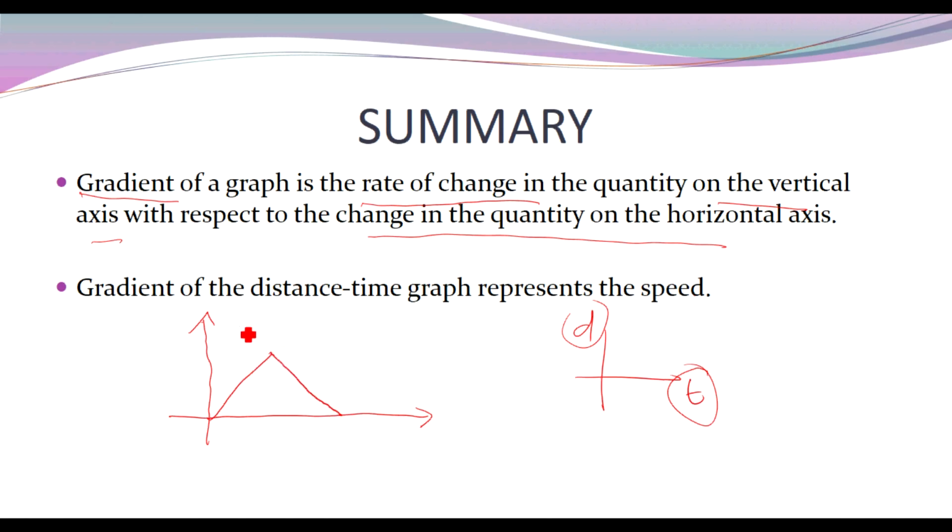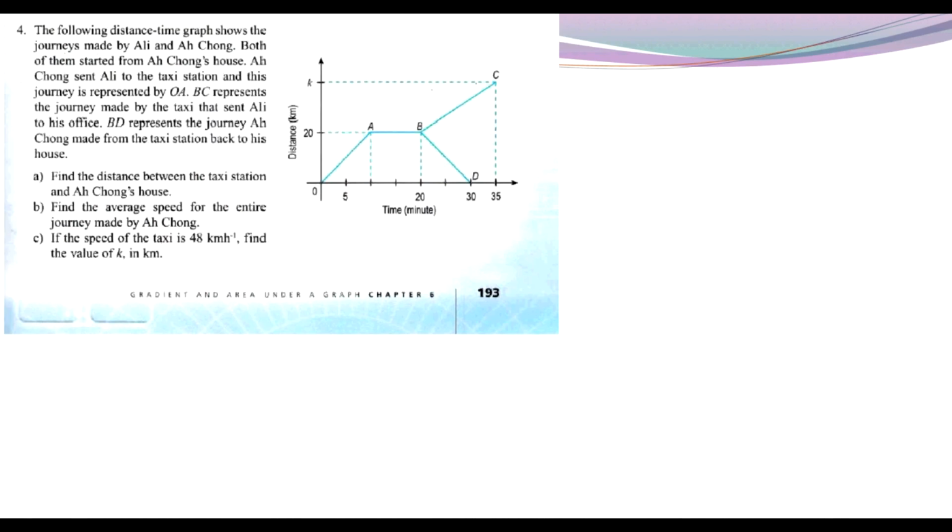The uniform speed is only here and here, but from here to here is not uniform. This is non-uniform speed. And when the line is horizontal like this, this represents the stationary position, where the person is not moving, staying at the place for some time, a resting position.